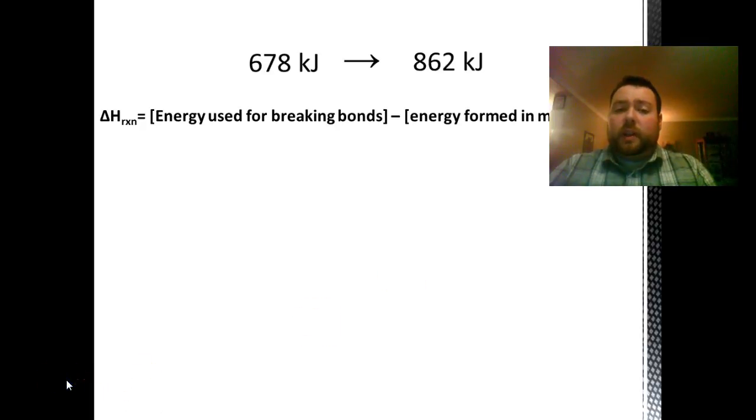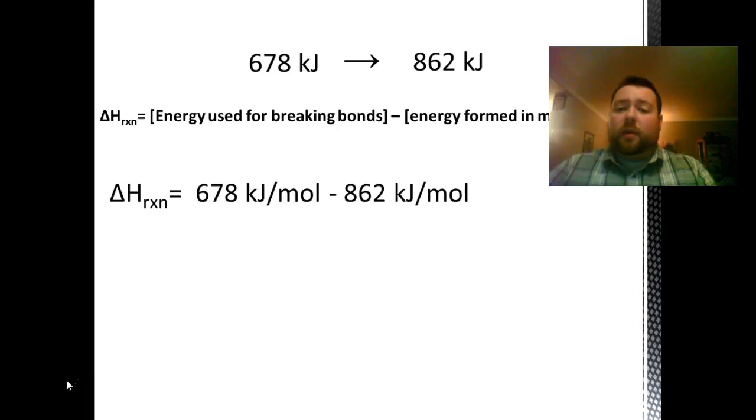So we can just plug in our energy from our reactants down here below and subtract the amount from our products. And so in this case it gives us a negative number. Now what that negative number is telling us is that there is an excess amount of energy. If you can see here, the amount of energy used for breaking the bonds is less than the energy that is formed from making the new bonds.